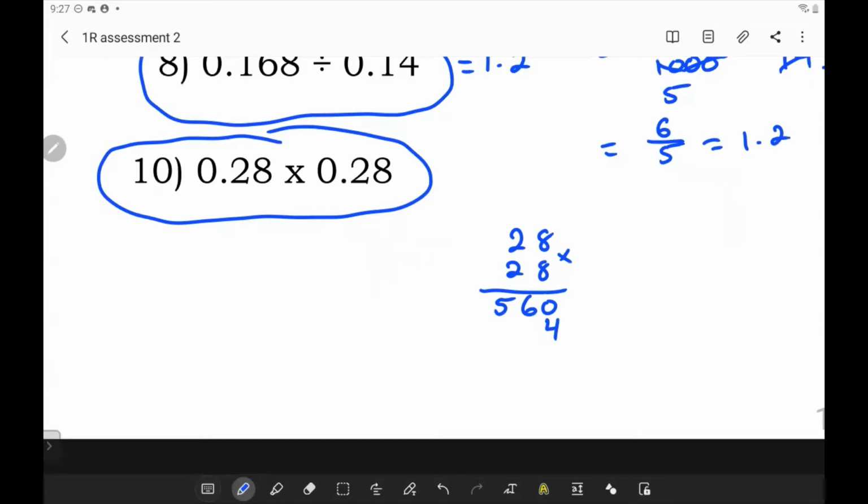Sorry, and 6 is 22. So we get 4, 8, 7. And remember that we had 4 decimal places. So this is equal to 0.0784. All right, remember, we need to move the decimal point 4 places back this way. Okay, so you can check that to make sure that is correct.